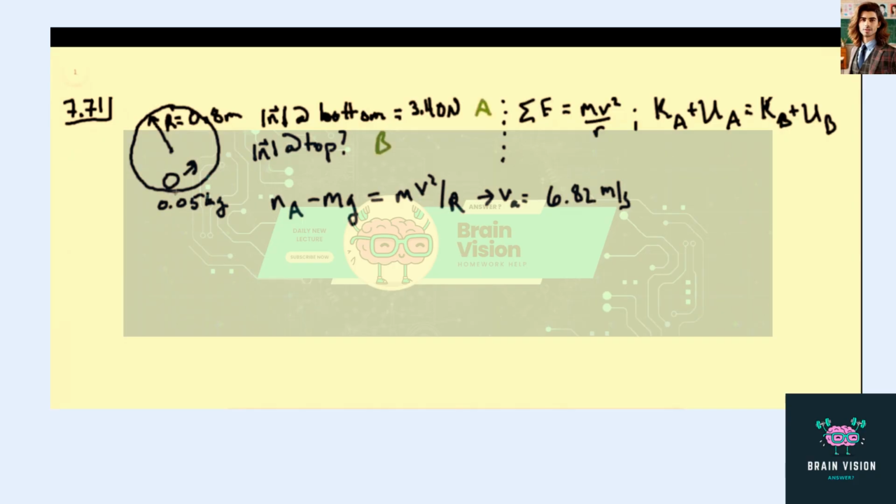If we set A to be our 0 point for measuring gravitational potential energy, we just have the kinetic energy at point A, so 1/2 m vA squared is equal to 1/2 m vB squared plus mg times 2r, because it's the radius, so you go, the diameter, you're one diameter above where you started, which is twice the radius.